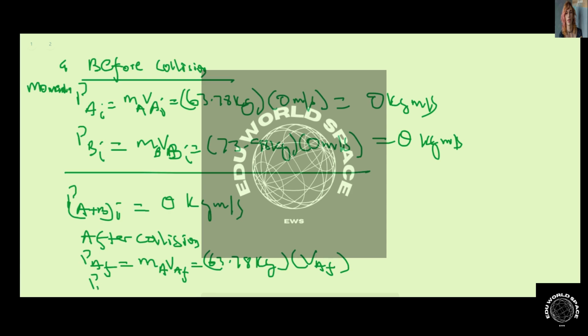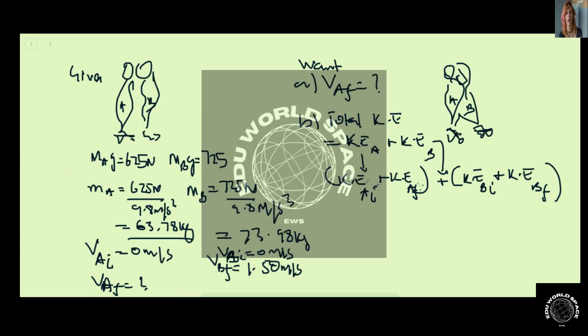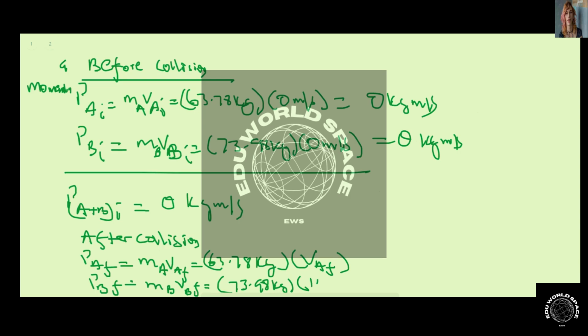And then we also need to find the final momentum of B. This is mass of B times velocity of B final, and this is 73.98 kilograms times, if you go back to the initial page, you see that the final velocity of B is 1.50 meters per second.